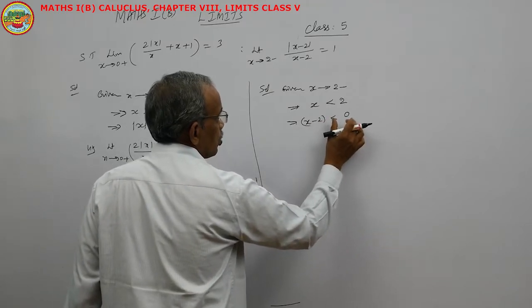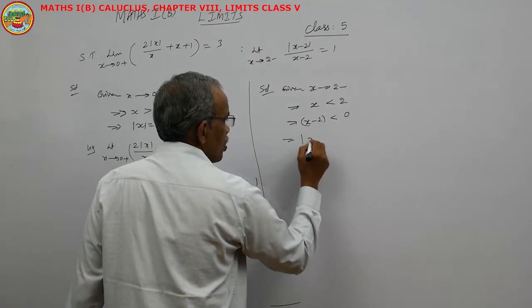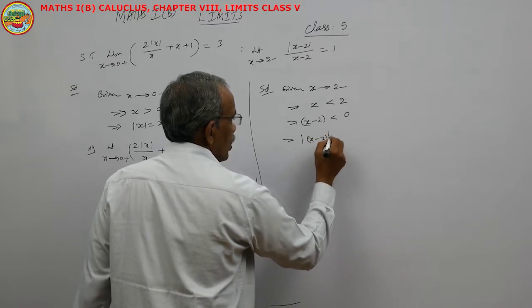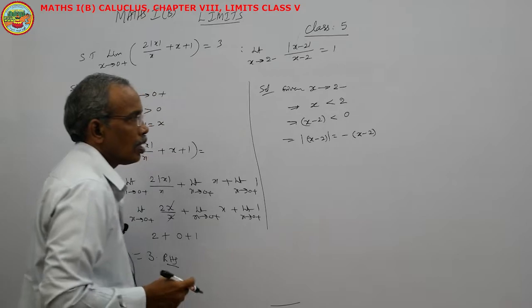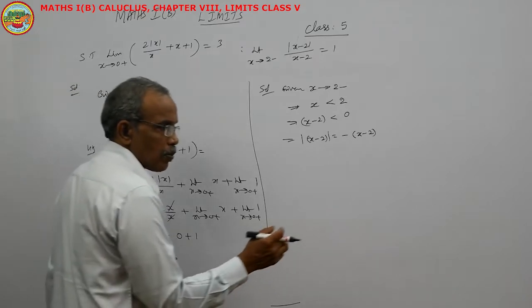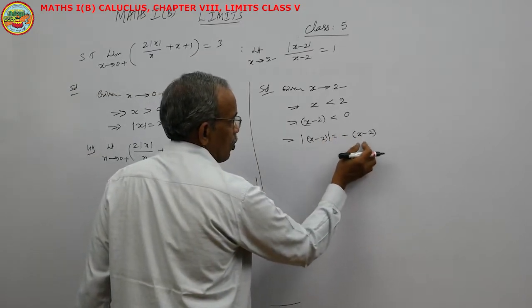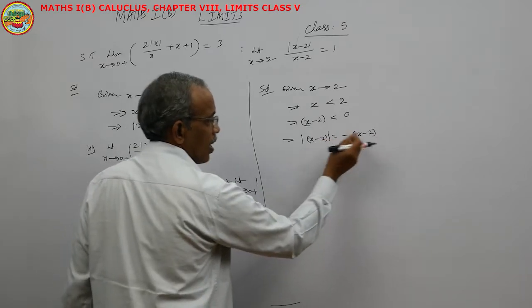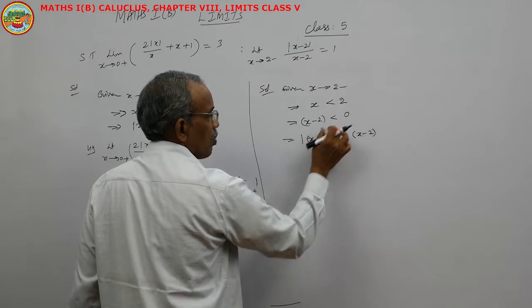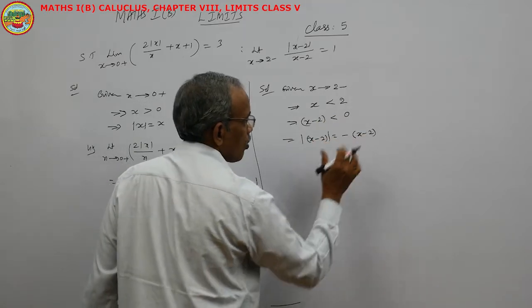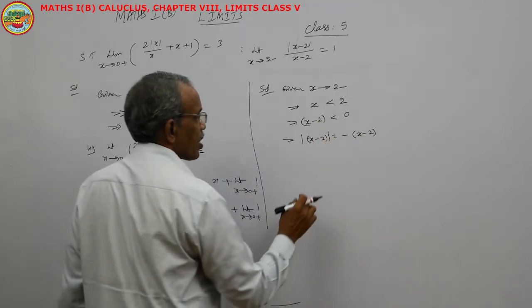Here x minus 2 is negative. So, modulus of x minus 2 is equal to minus of x minus 2. By the mod x property, mod x is equal to x when x is positive, and mod x is equal to minus x when x is negative. Since x minus 2 is negative, the modulus of this value is equal to minus of x minus 2.